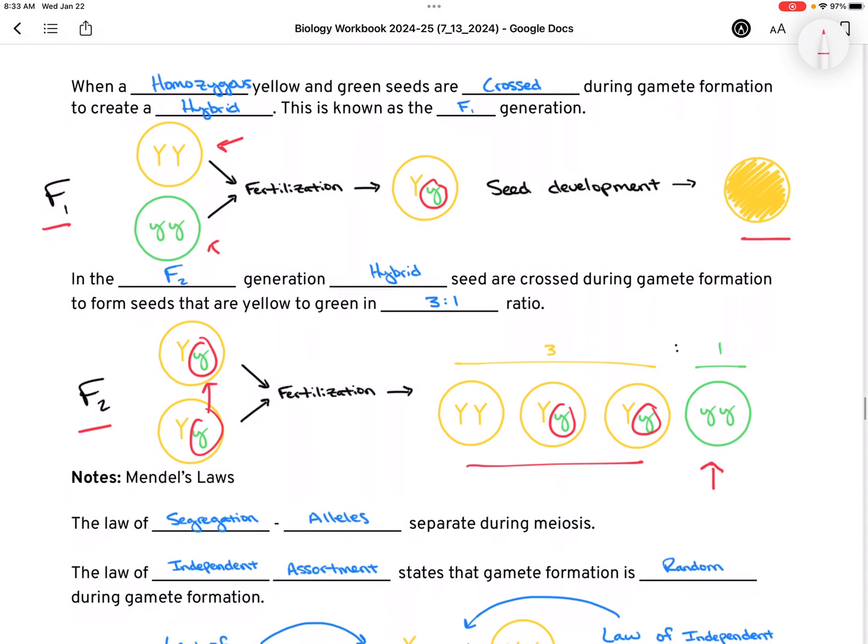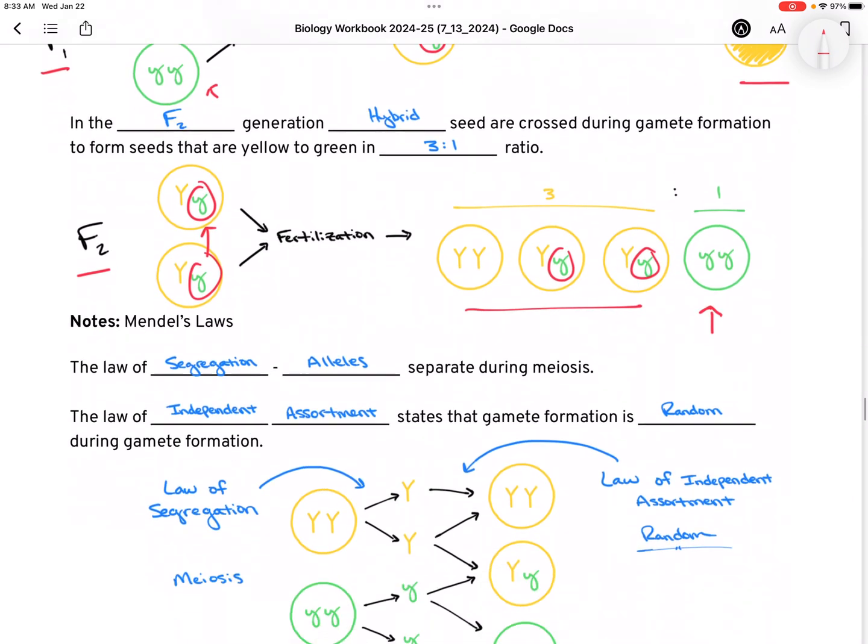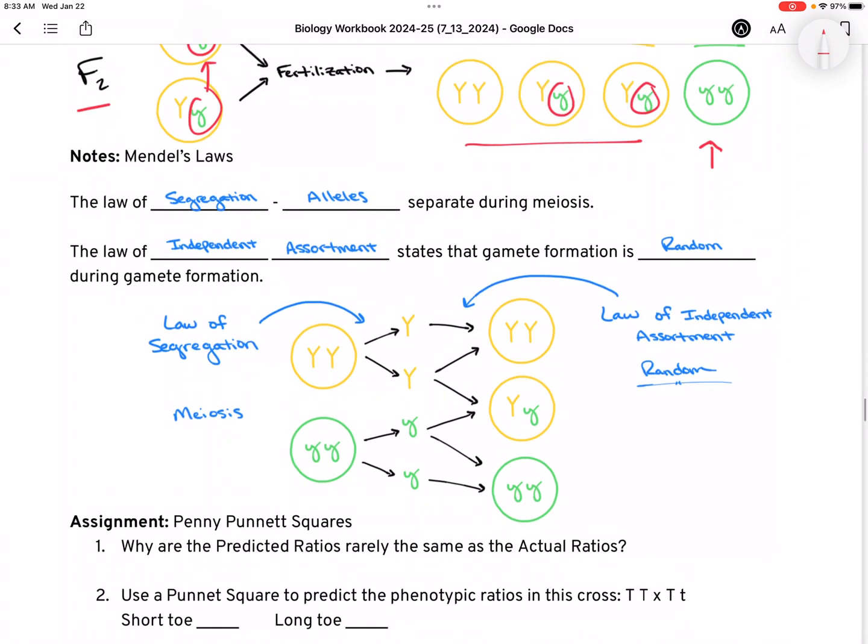Okay? Now, down below, let's outline what this looks like when we develop these hybrids. If we look here, there are two laws that Mendel created: the law of segregation of alleles, and then the law of independent assortment. So how that works is anytime these traits are being passed down to the next generation, they completely separate from each other.